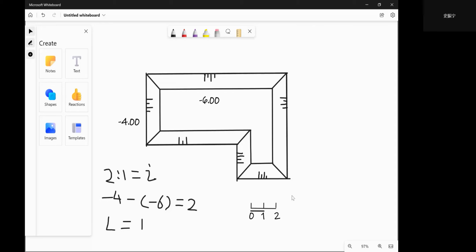You can take a picture, but you have to take it very clearly, so that I can see every detail, every part of your paper. Okay. And for the examination, there will be 6 or 7 graphs you have to draw.